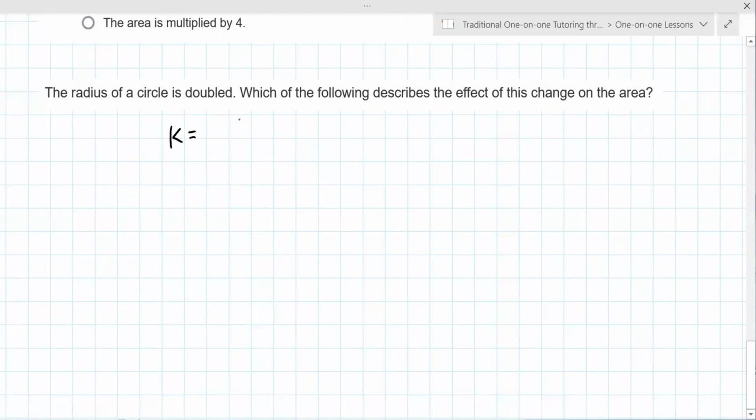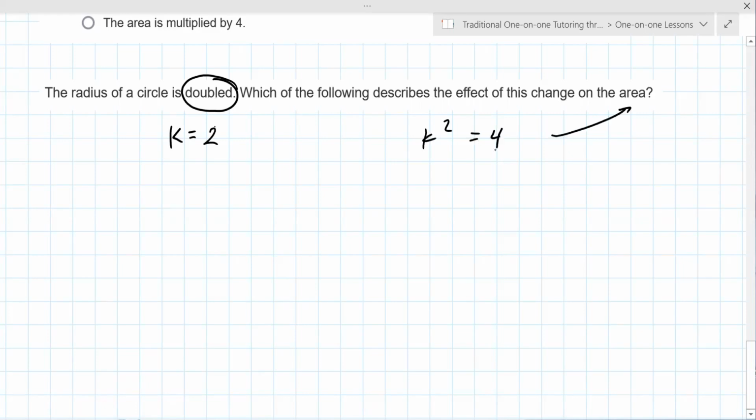The value of K is doubled. What does that mean? What is doubled as a number? So my radius is 2, and then I double that. That's 4. What is your value of K? 2. What is K squared? That affects the area. Oh, 4.